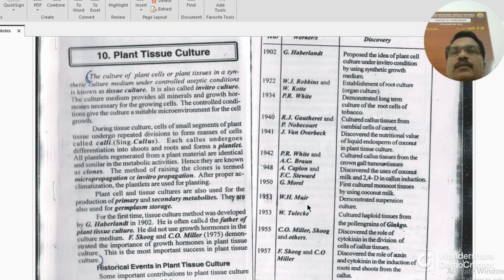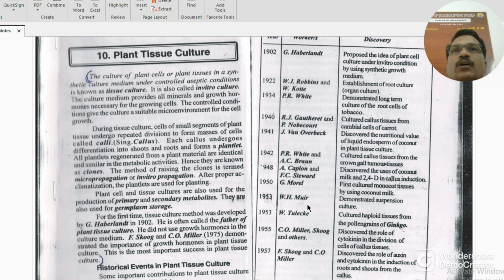Whatever physical factors are available outdoors are controlled in the laboratory condition. We have to give tube lights artificially as a light source, and air conditioners for temperature control and maintenance of humidity. Okay, so culture of plant cell or tissue in synthetic medium under controlled condition is known as tissue culture.